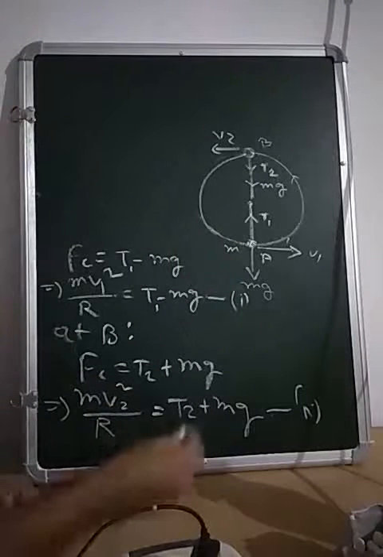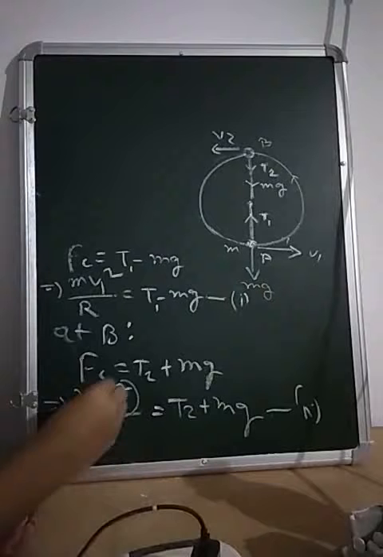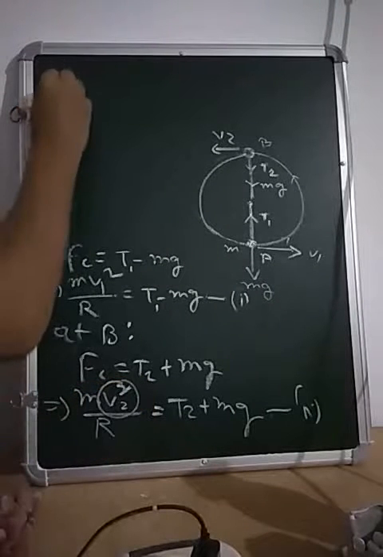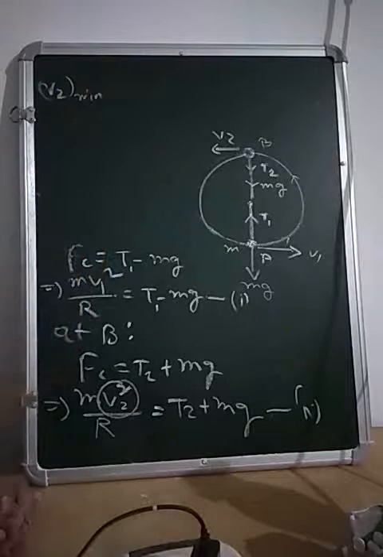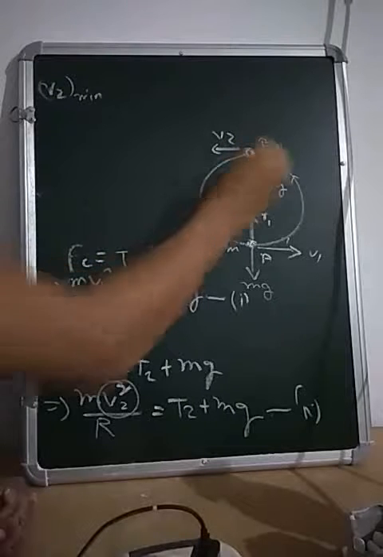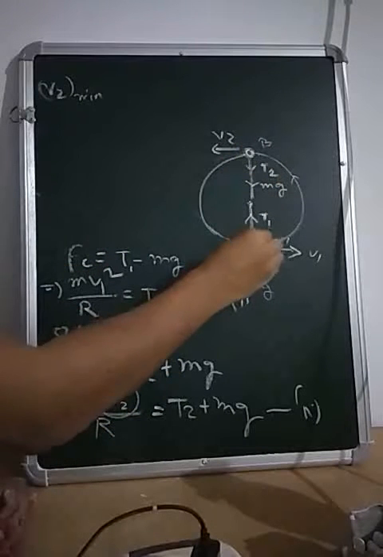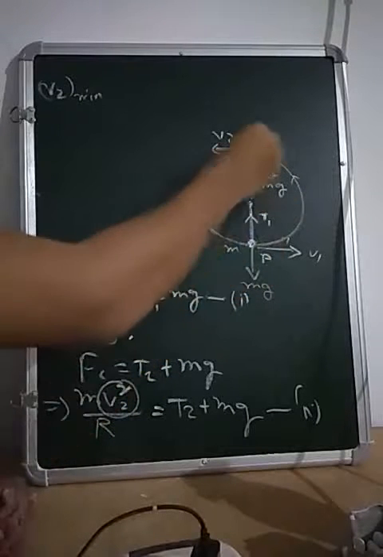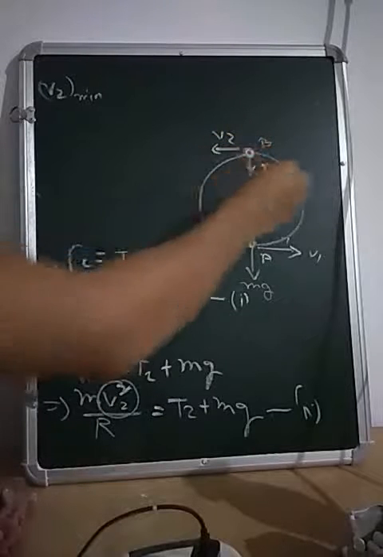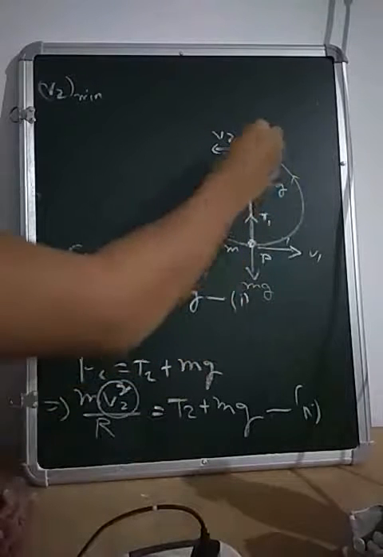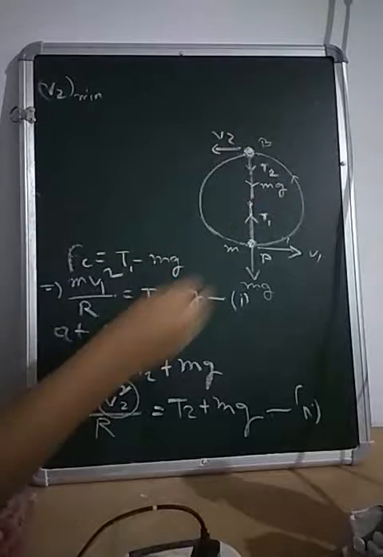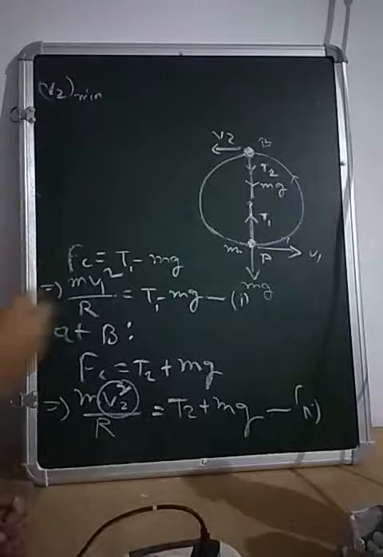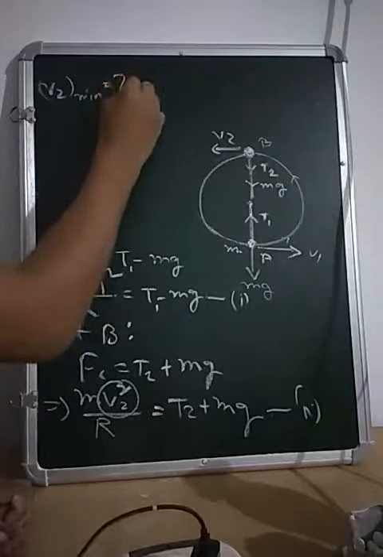What we are asked is to calculate the velocity v2, the minimum velocity. That is the minimum velocity that should be given to the object of mass m such that it can complete the circular path. So what will be the minimum velocity at this position for this mass? We have to calculate v minimum.